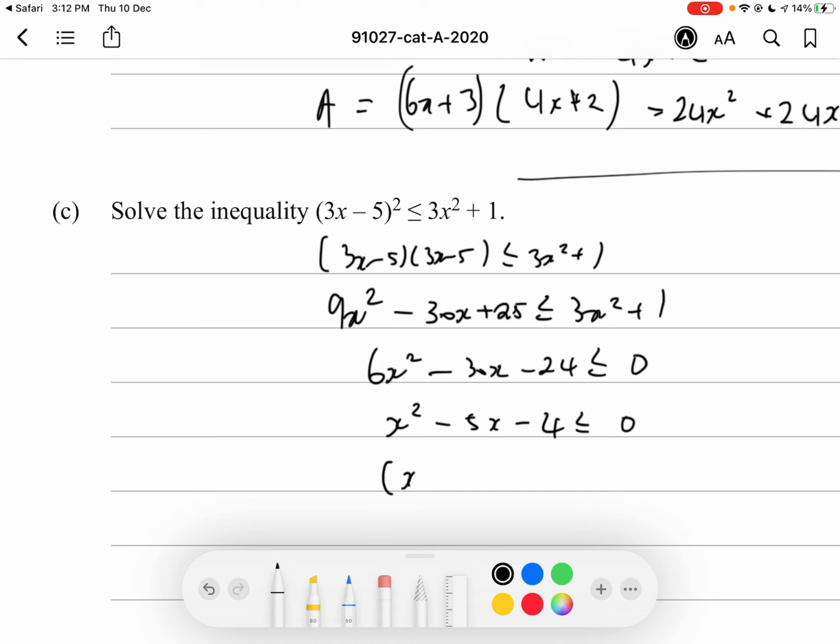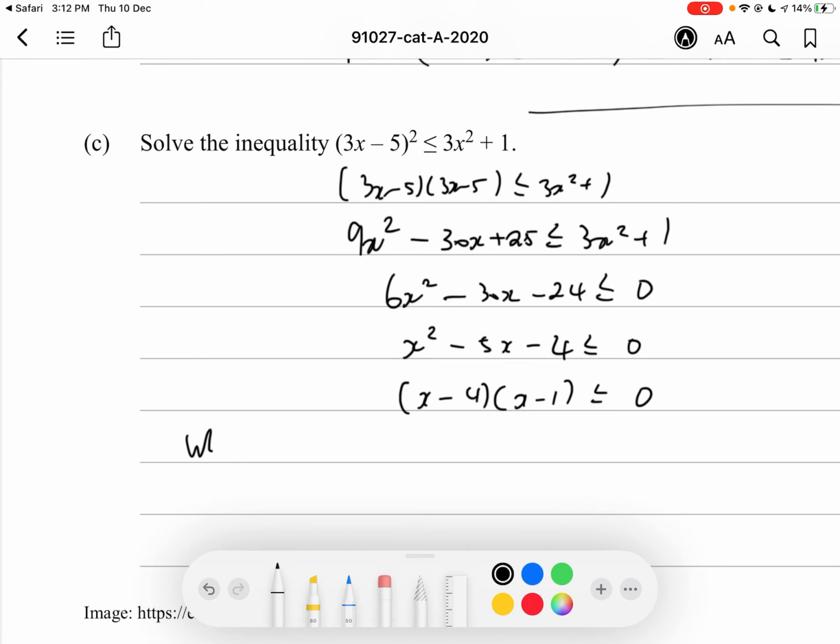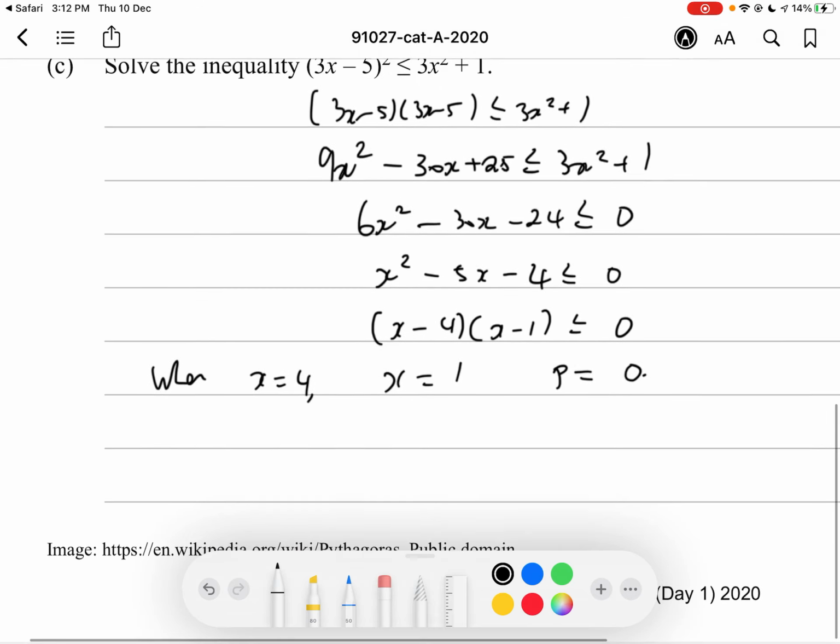And therefore (x minus 4) times (x minus 1) is less than or equal to 0. So we can look at this and say that when x equals 4 and when x equals 1, the inequality equals 0. So we can say p equals 0, okay?